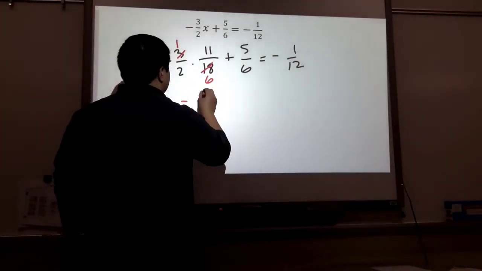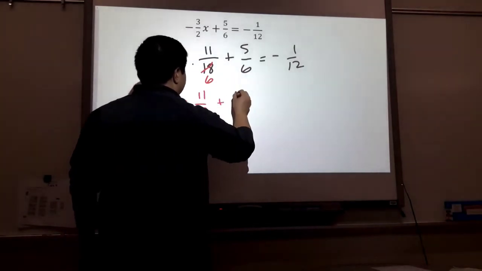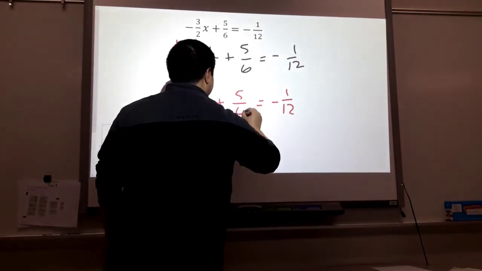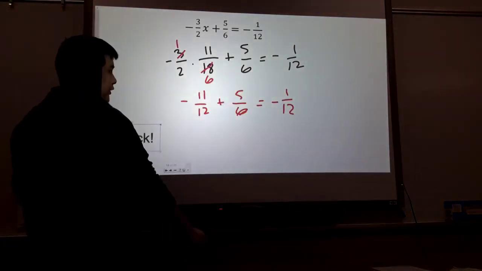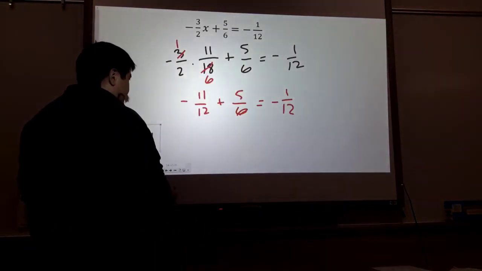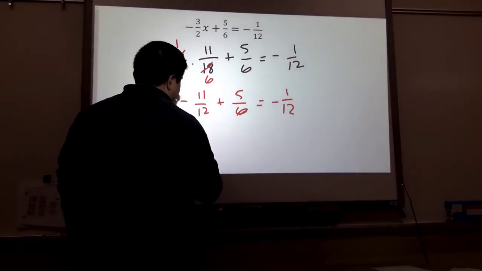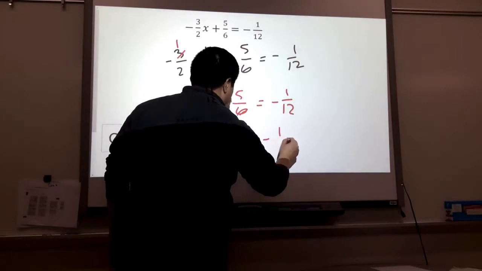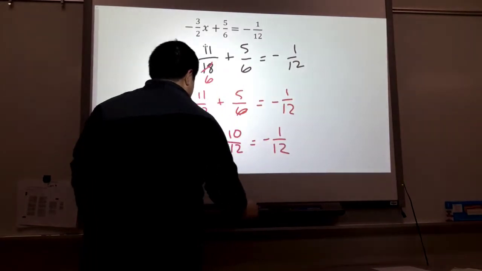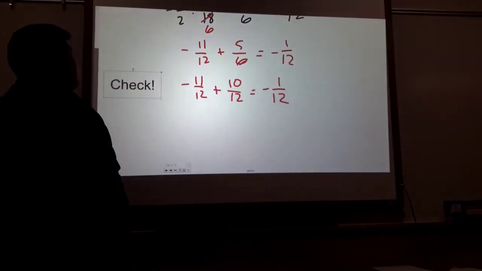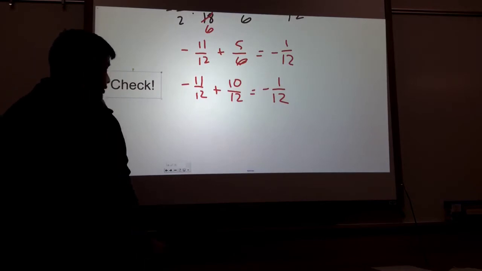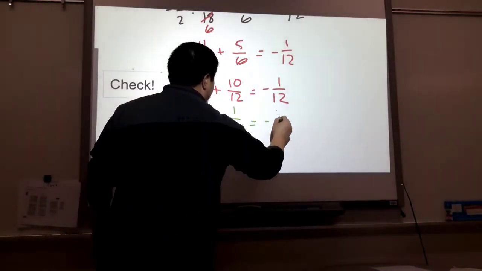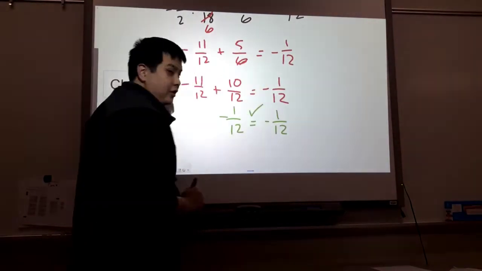We get negative 11 twelfths plus 5 sixths equals negative 1 twelfth. We're going to have to multiply this by 2 to get common denominator 12, so we get negative 11 twelfths plus 10 twelfths equals negative 1 twelfth. And finally, negative 11 twelfths plus 10 twelfths gets us negative 1 twelfth, which equals negative 1 twelfth. We did it correctly.